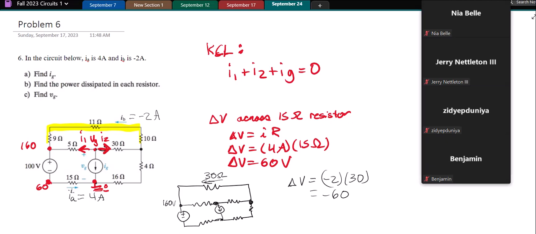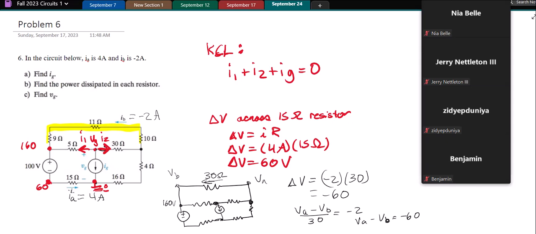So what we actually know is that, if I call this VA and this VB, then VA minus VB over 30 equals negative 2, or VA minus VB equals negative 60.